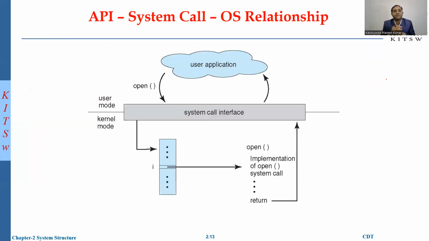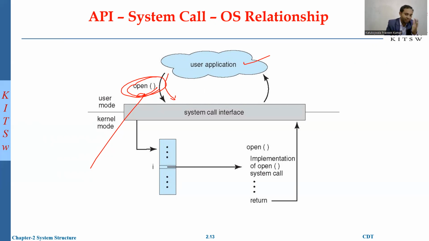This is what happens inside the API, system call, and OS relationship. So this is a user application, and open is a system call. When this open system call is called, we are in user mode now.